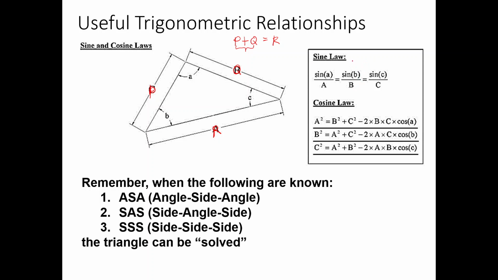So we have your sine law. I hope you mastered this one in your high school or senior high, since I think architecture is a part of STEM, I'm not sure. Then we have the cosine law.